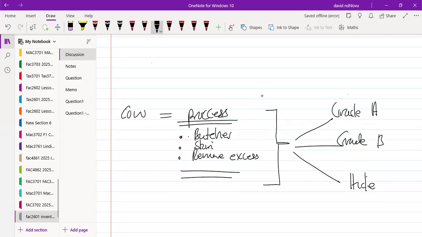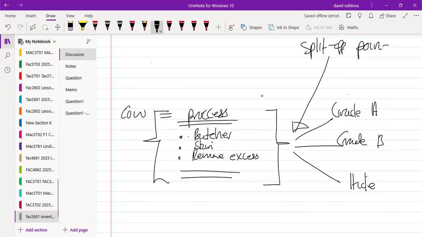So in this very same process, because this is the process of manufacture that we do, we then reach this particular point here. It's called the split off point. At the split off point, we then separate our manufacturing into different products. We are then able to separate our meat, and grade A is derived from there, grade B is derived from there, and we also have the hide.